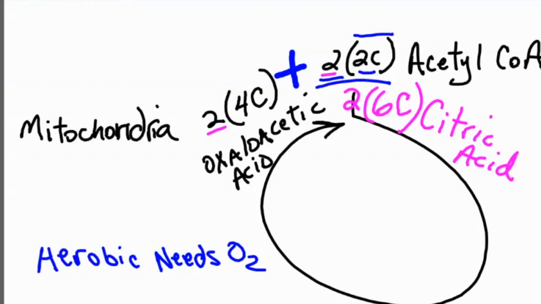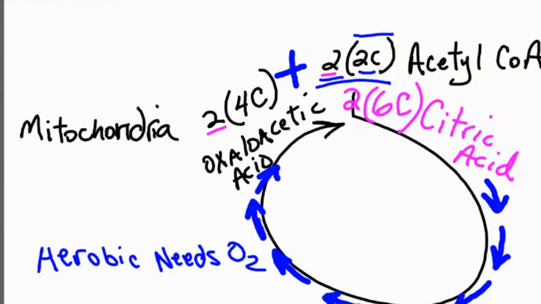And here's the fun part. We are going to then kind of play around with that molecule, break it down a little bit, reconvert it a little bit, do some things with it. Now, I'll take that last arrow off. We don't need to try to be correct with how many steps it is. We're going to take that citric acid and break it down until we make it what?